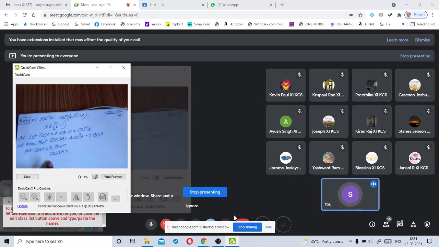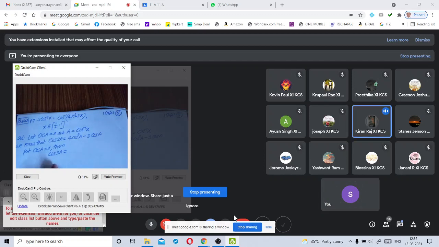In LHS, cos 3A is equal to, in RHS, what will you get? Tell me, Kiran Raj. What will you get in RHS if you substitute cos A is equal to x? Don't know, sir. Say loudly.